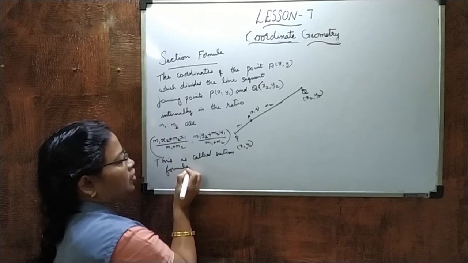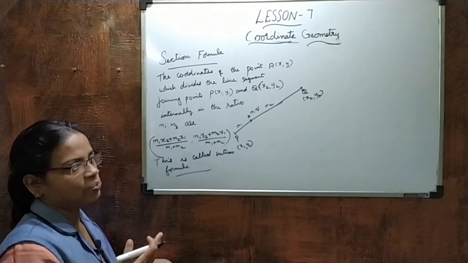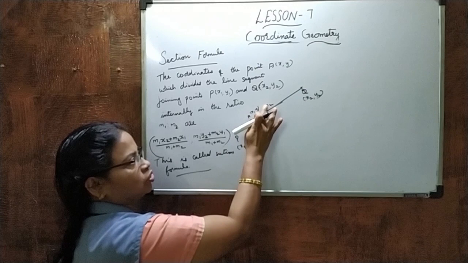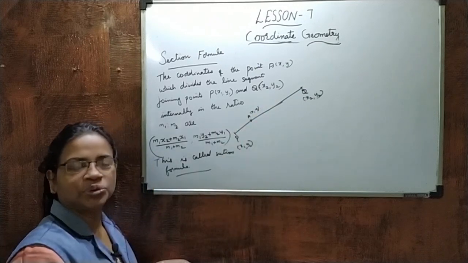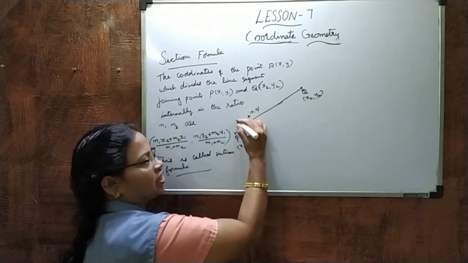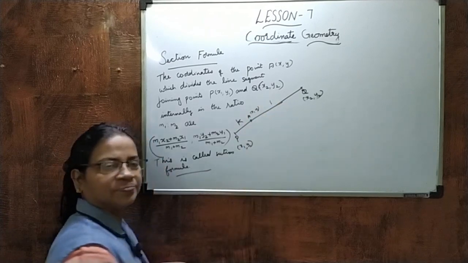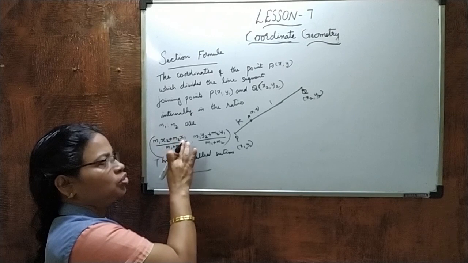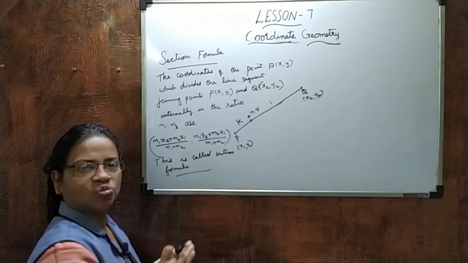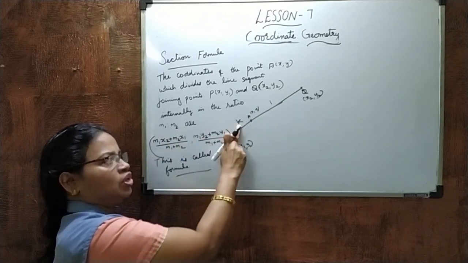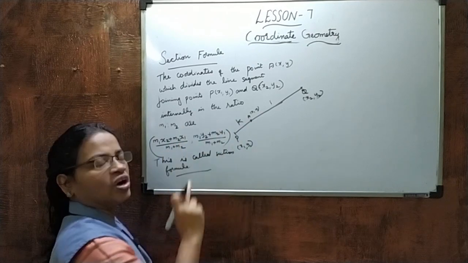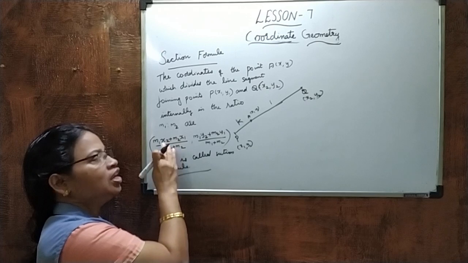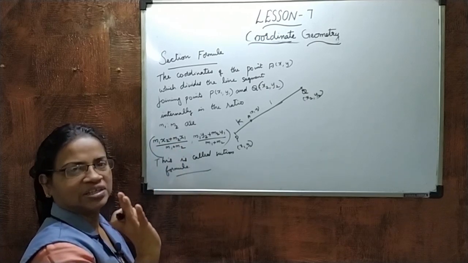Then one more thing we are going to learn. Suppose m1 and m2 are not given, then we have to take the ratio as k and 1. Instead of m1 and m2, you apply k and 1: instead of m1 write k, instead of m2 write 1. Then from there you can find out the value of k, and we can find the ratio quickly.